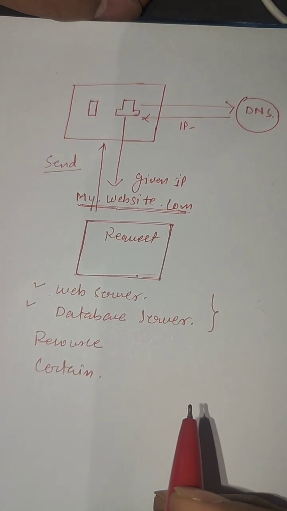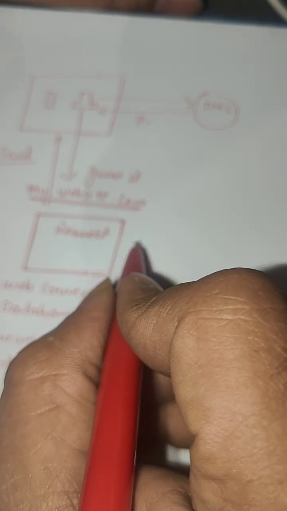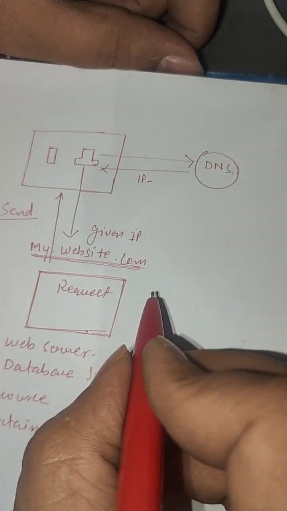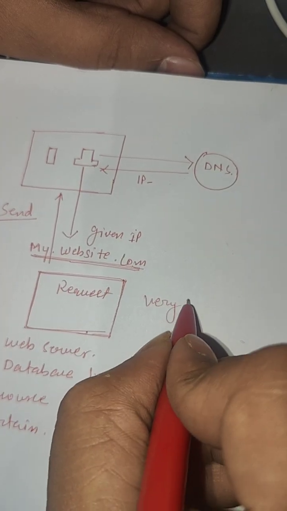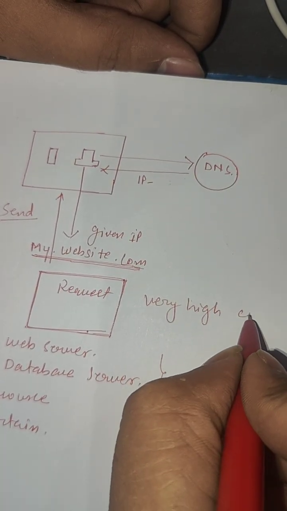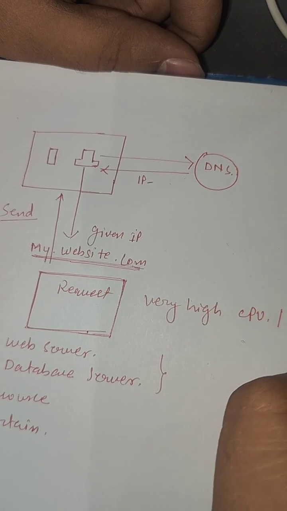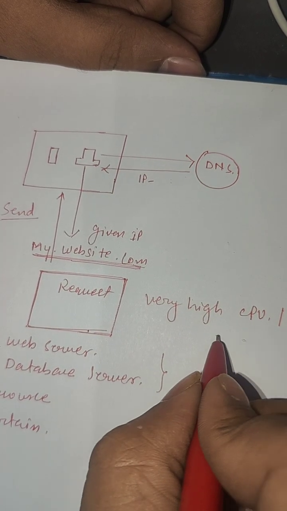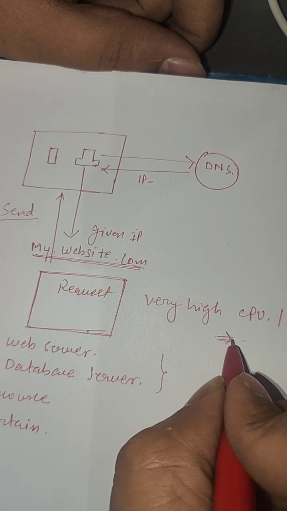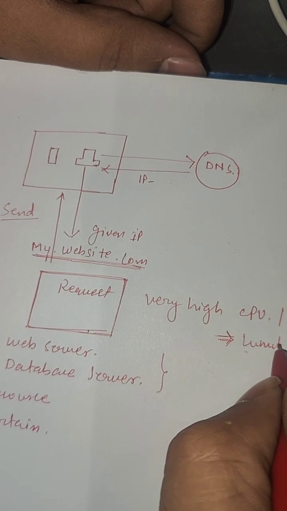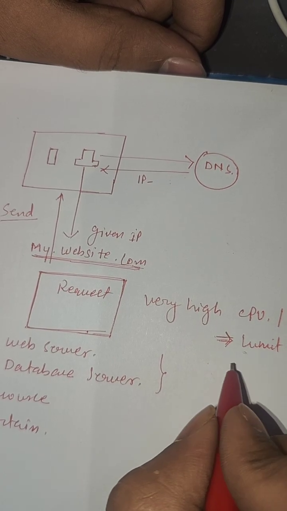Beyond that it cannot be expanded. So suppose we added a high quality server, with very high CPU power and memory, but it has a limit, and the limit will not allow you to scale after a certain extent.